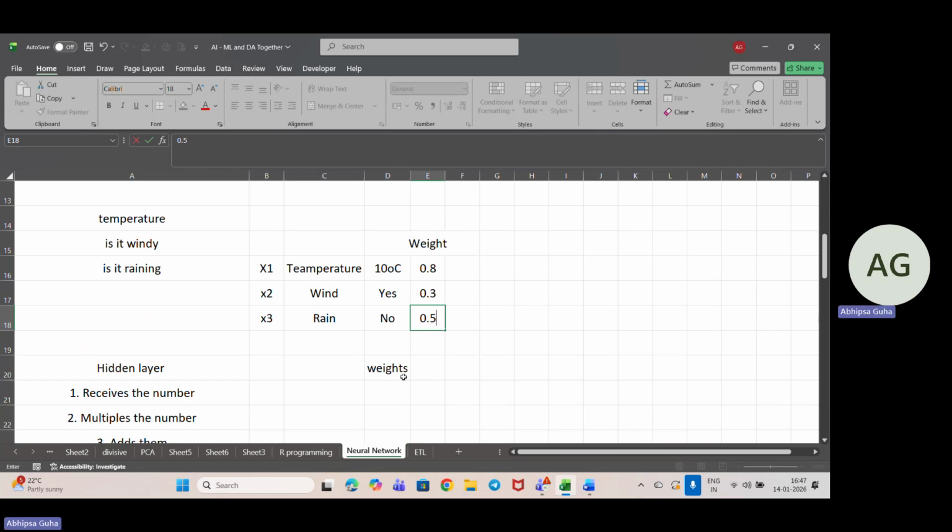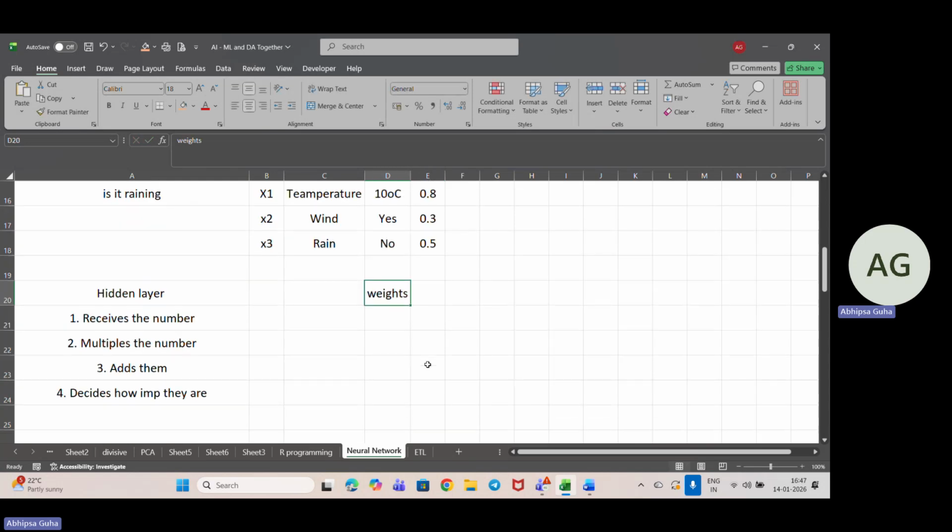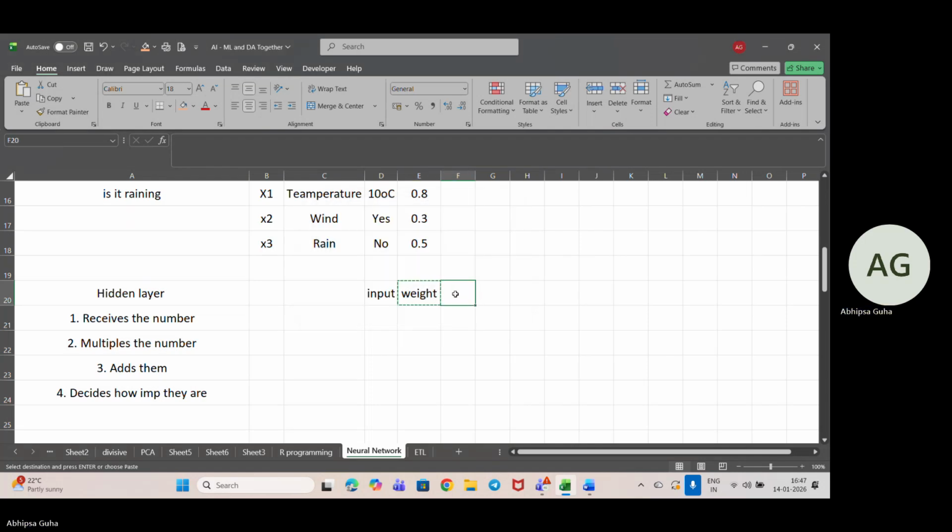Now, how are we doing the multiplication? We are just taking the input, next we have the weight, and then the multiplication.